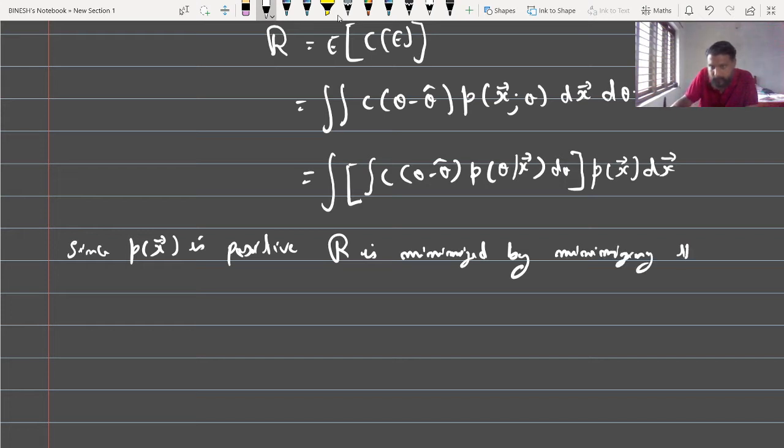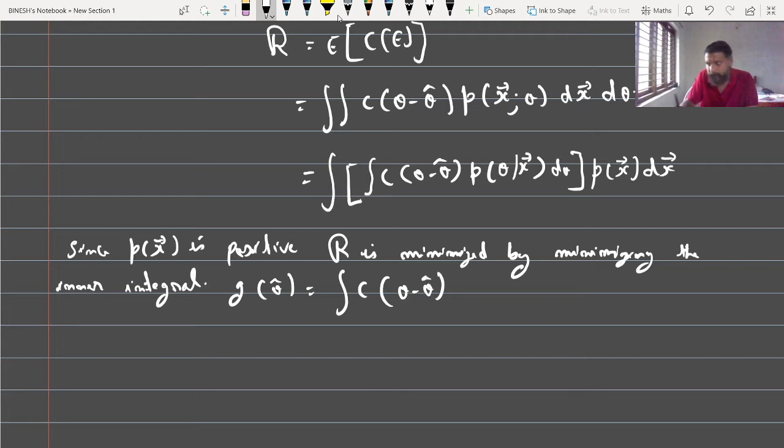That is given by g of theta cap, which is nothing but the integral of C of theta minus theta cap, P of theta given x, d theta.